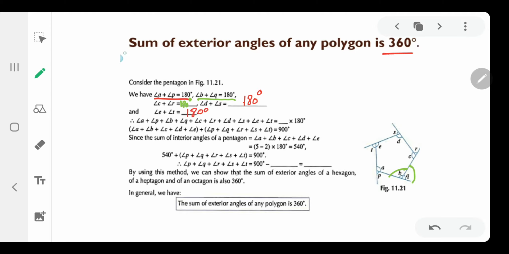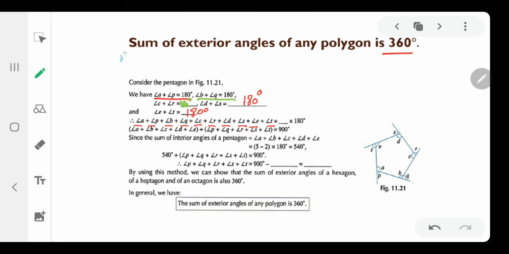Now I have to add all these 5 interior angles and 5 exterior angles. What will be the sum of all these exterior and interior angles? I have written angles A, P, B, Q, C, R, D, S, E and T. All these are interior and exterior angles.